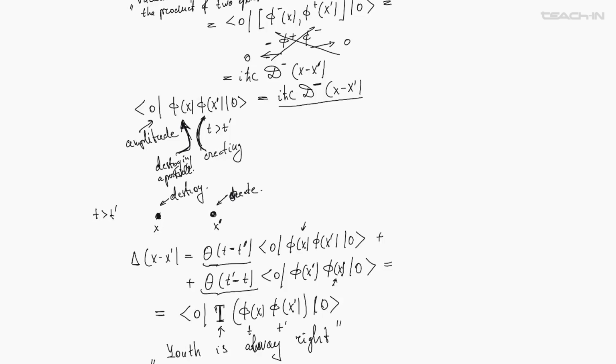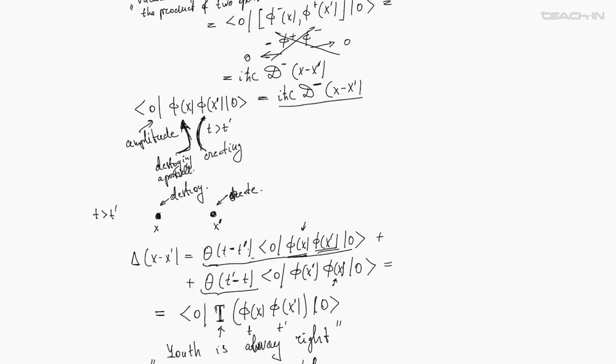So you see it here. This first theta function makes sure that this term here, the first term, is non-zero. It provides a non-vanishing contribution when t is bigger than t prime. And so the operator which has value t prime is in fact younger. And that's why it stands further right from the operator phi of x, for which the argument t has the bigger value. And then there is a second term here.